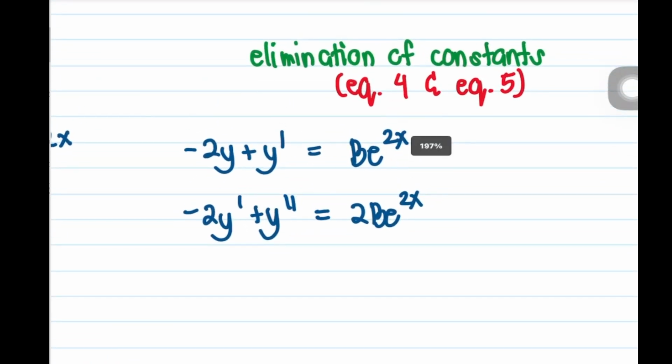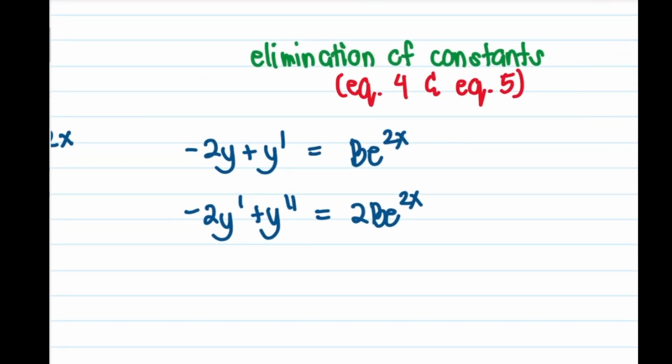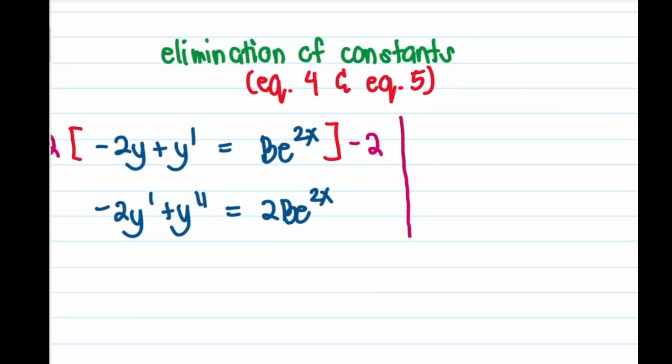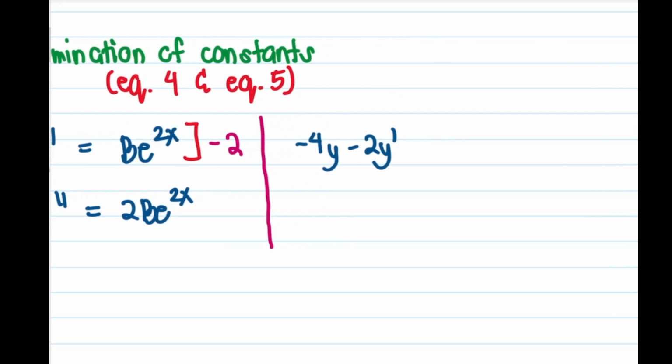So we can clearly see that we can eliminate constant b here by multiplying the above equation by negative 2. So let's simplify. This one will yield negative 4y minus 2y prime equivalent to negative 2b e raised to 2x.